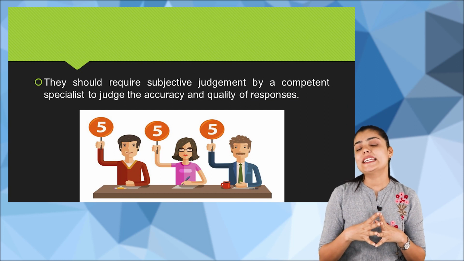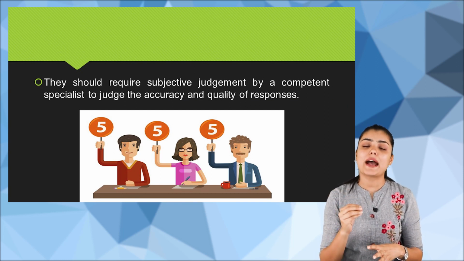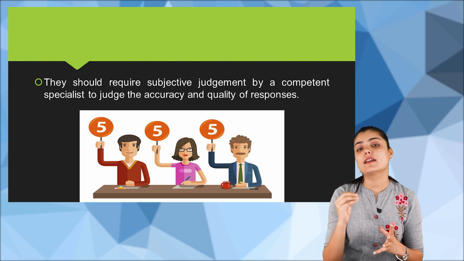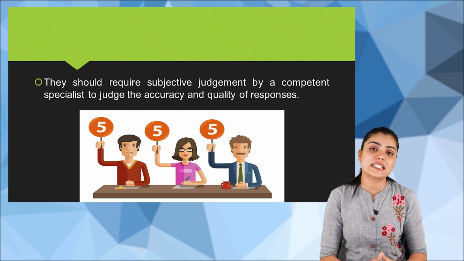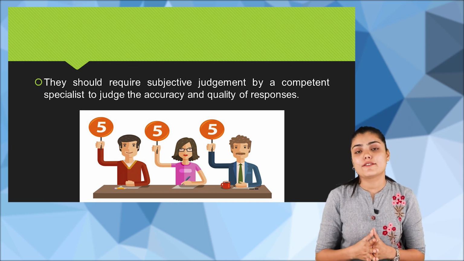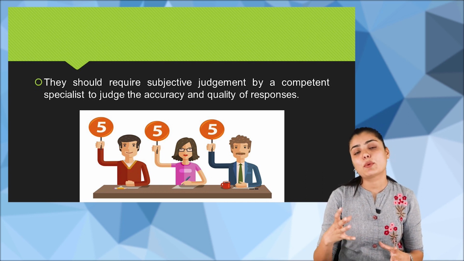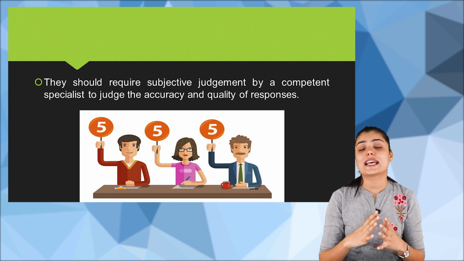The next criterion is that they require subjective judgment by a skilled person, by a person who has enough knowledge, by a competent person. As we have seen in the introduction as well as in the definition, the judgment of the response to an essay type question is difficult, because there is not a single correct answer listed out.